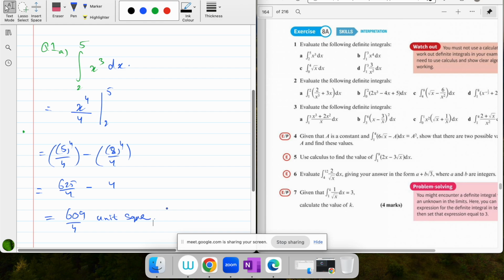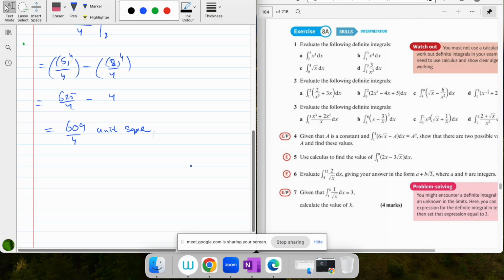That actually gives us the area under the graph between these two limits, x equals 2 and x equals 5.